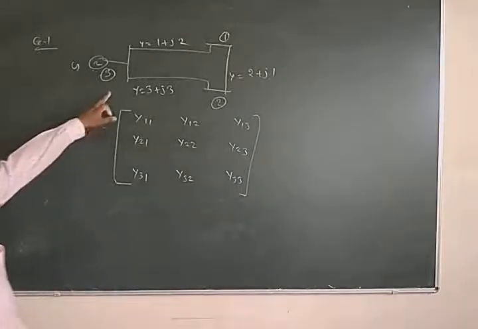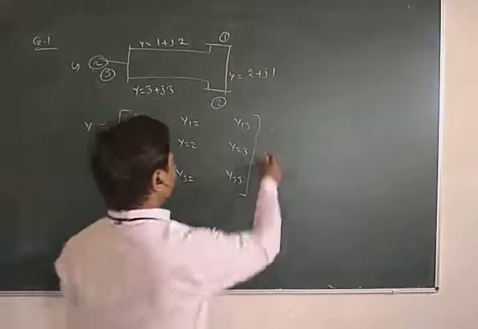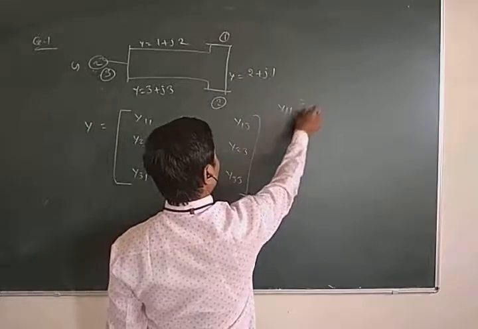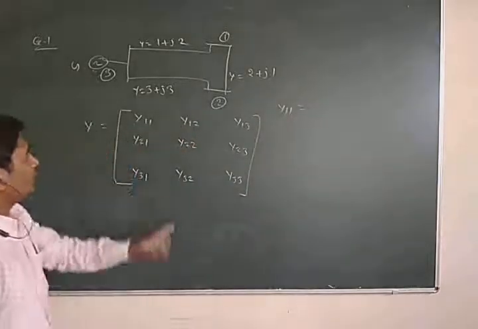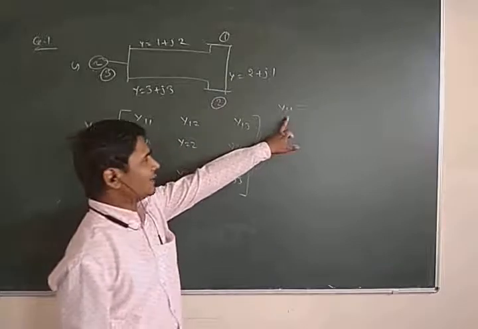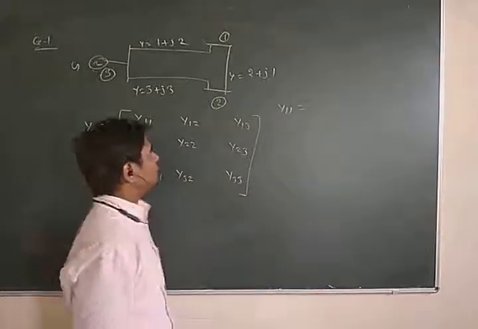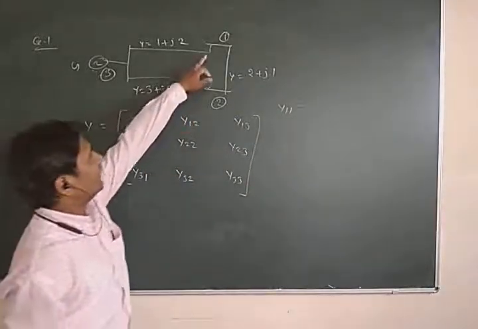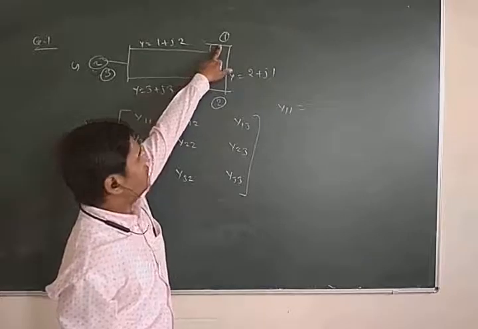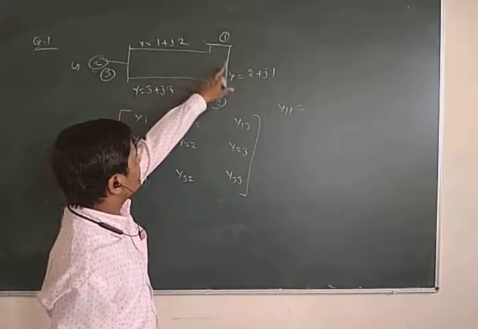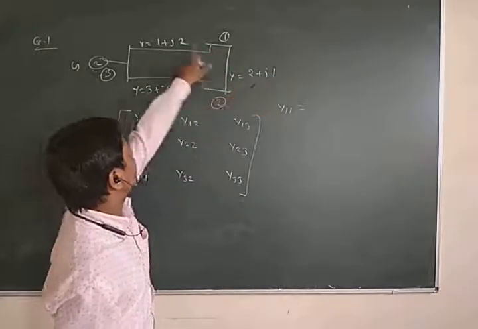From this network, Y11 means the admittance at bus number 1. Here the total admittance is the sum of the admittances of this and this.